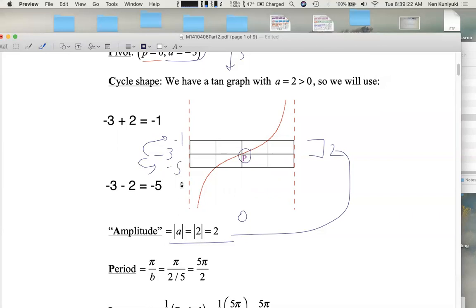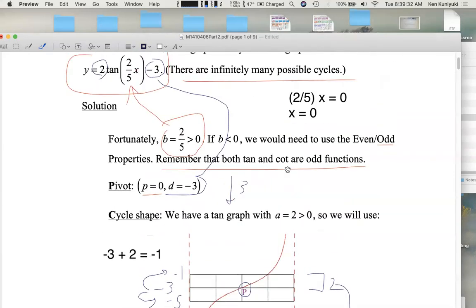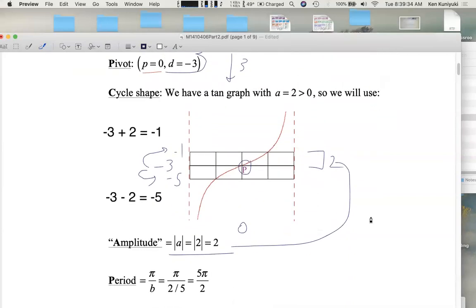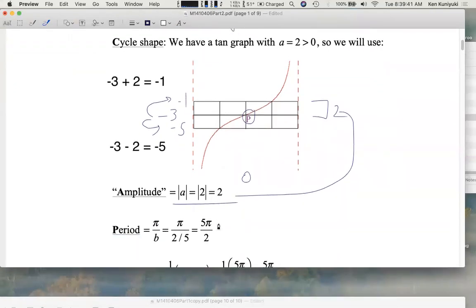Okay, so we have a good idea of the y-coordinates we need to work with for the key points. Now, what about the theta, or in this case, the x-coordinates? Well, first, we're going to need the period. How do we get the period? The period is given by not 2 pi over b, but pi over b. Remember, b is now positive.